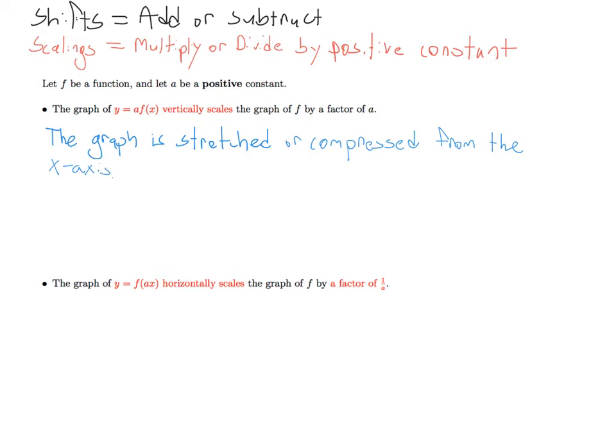And if this transformation, this multiplication by a, occurs on the inside, then we get a horizontal scaling. Here we need to be careful that when we multiply by a on the inside, this means we're actually going to scale the graph by a factor of 1 over a. So just like shifts, these scalings behave maybe a little bit counterintuitively from what we might expect.